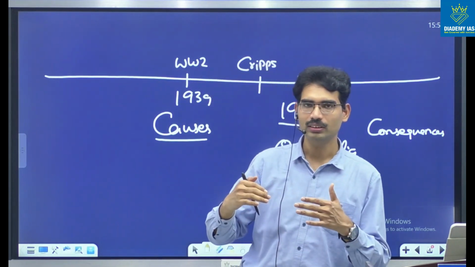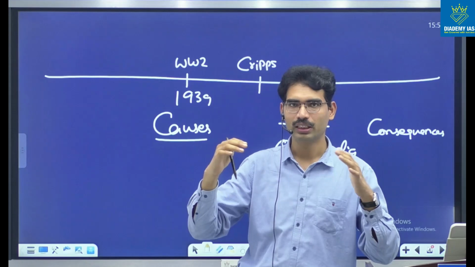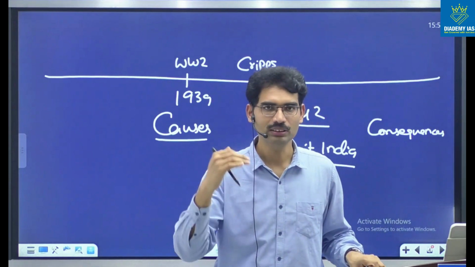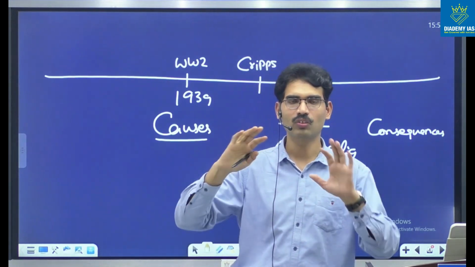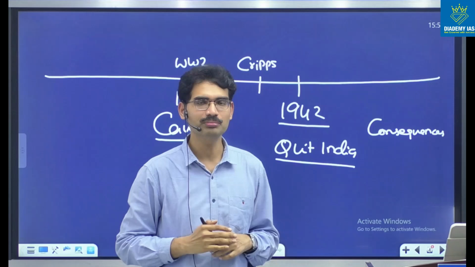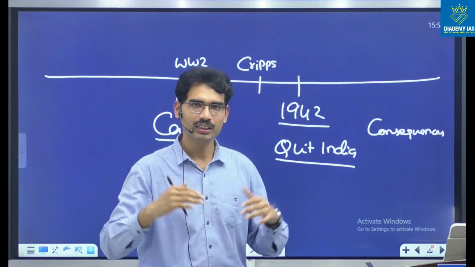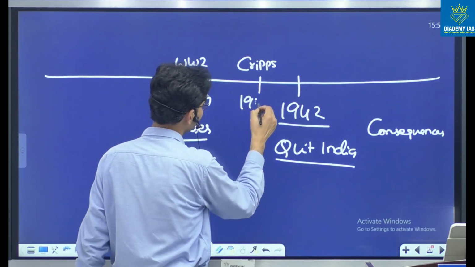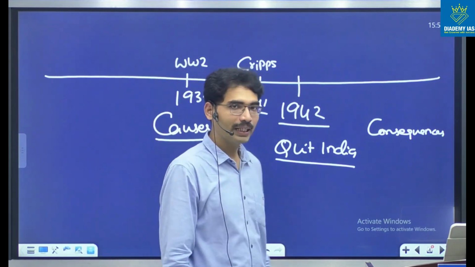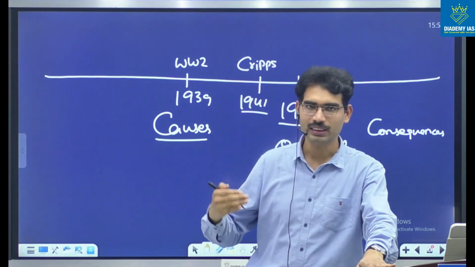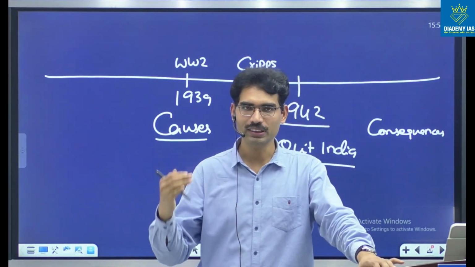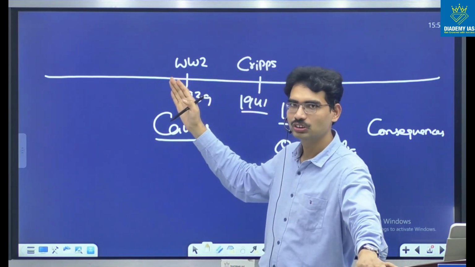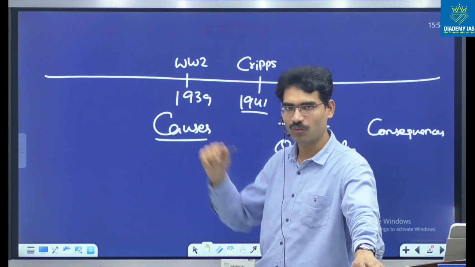Now Germany, Italy, Japan were fighting against the United Kingdom, USA and other Western countries. By 1941, USA, UK, USSR all on one side, Japan, Germany and Italy on the other side.